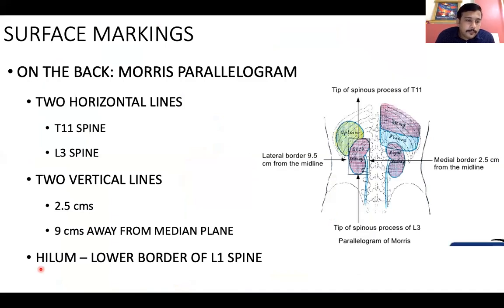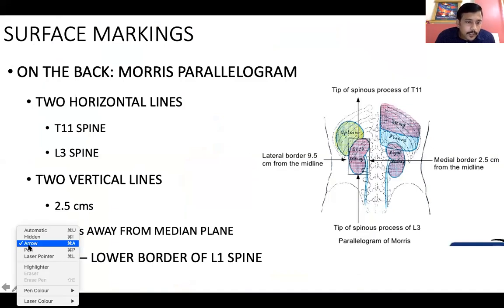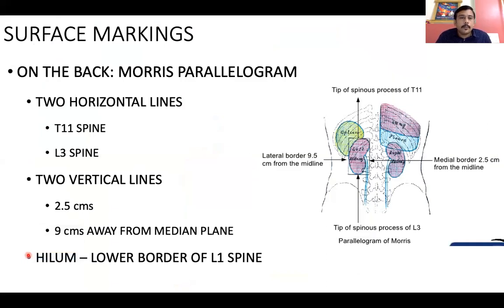Coming to the surface markings. The kidney on the posterior aspect is located with the help of a parallelogram, the Morris parallelogram. So exactly, the kidney can be located in a rectangle-shaped surface marking.